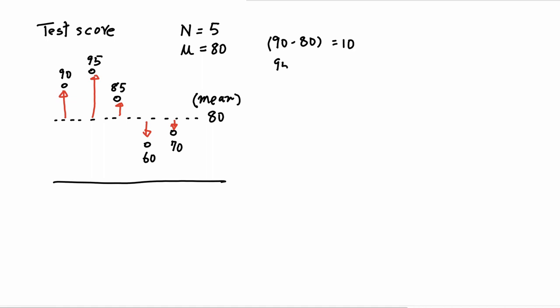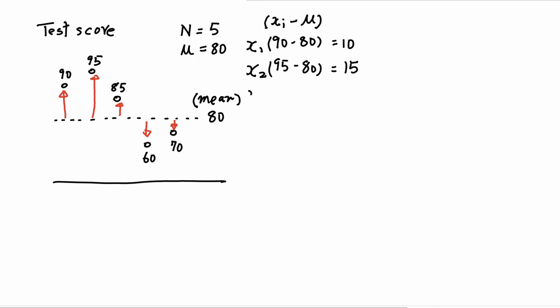The second score is 95. 95 minus 80, which gives us 15. I'm basically subtracting the mean from the score. If you like to express this in a formula, I'm doing x minus mean, where x is the individual test score. So we're doing this for the first test score, x sub 1, x sub 2.